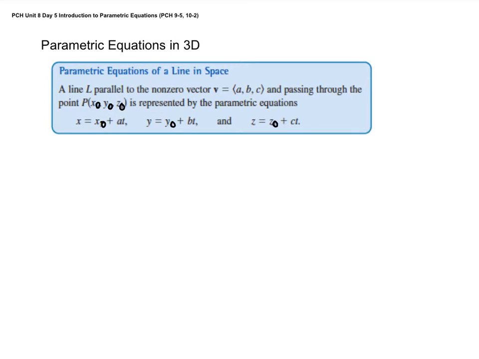So we have this direction vector, v, and it goes through a specific point, x sub 0, y sub 0, z sub 0. When you use that point, you're going to assume that t is 0 when you're on that point. That's why we use that notation.